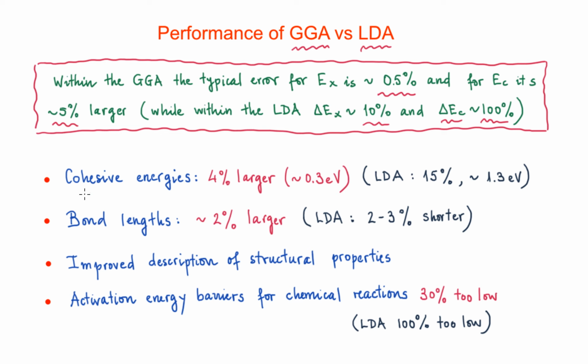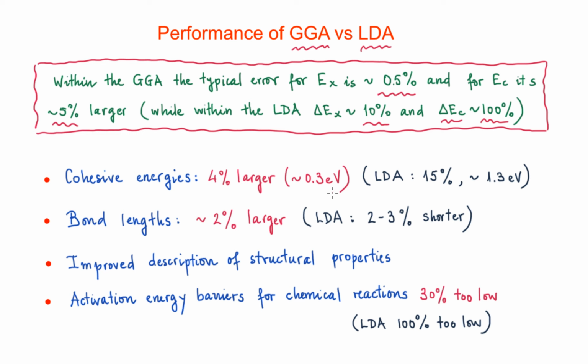So, first, let's consider the performance in analyzing the cohesive energies of solids. Within the GGA, the error for the cohesive energies is 4%, which might be around 0.3, 0.4 electron volts, which is not so bad.